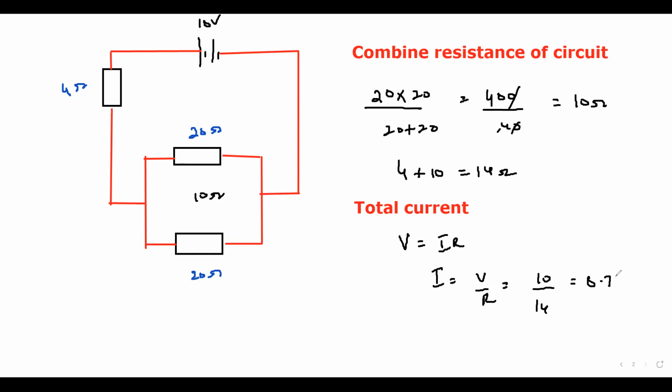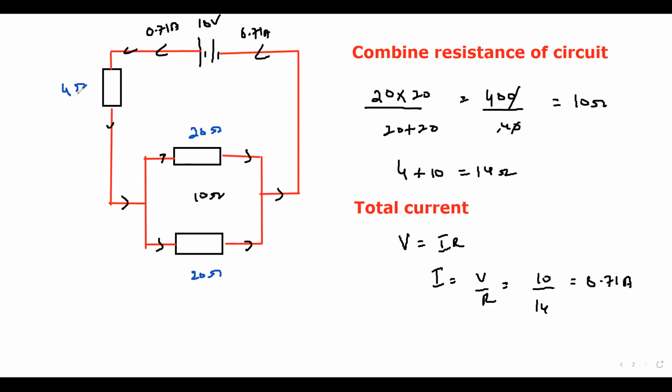So it means 0.71 ampere. This 0.71 ampere is the current which enters the circuit, it divides between these two resistors, and then it returns back to the supply. 0.71 ampere will return back.